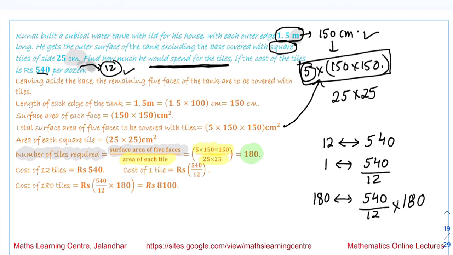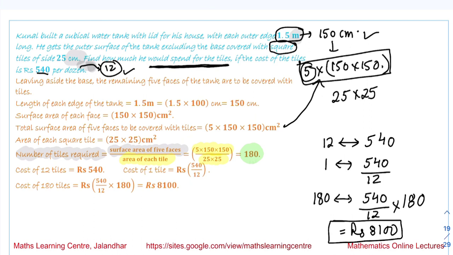When we solve this value, we will get the answer as rupees 8100. So this is the total amount of money that he has to spend for the tiles.